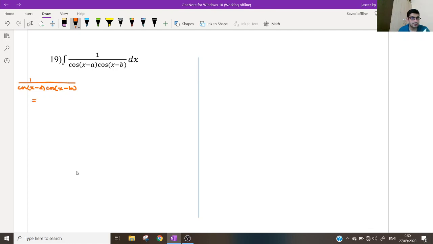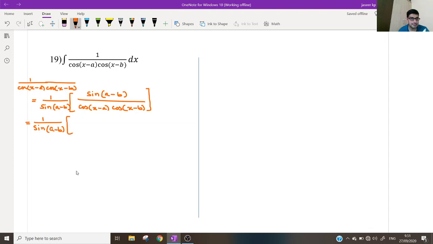Now for simplifying this, let us multiply and divide with sin a minus b. So we have multiplied and divided by sin a minus b. Now here 1 by sin a minus b.